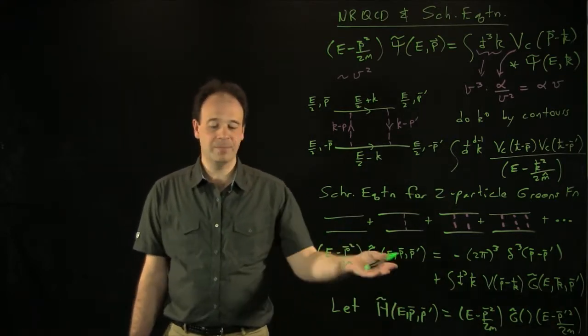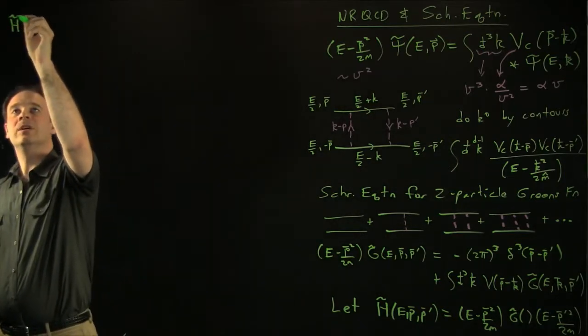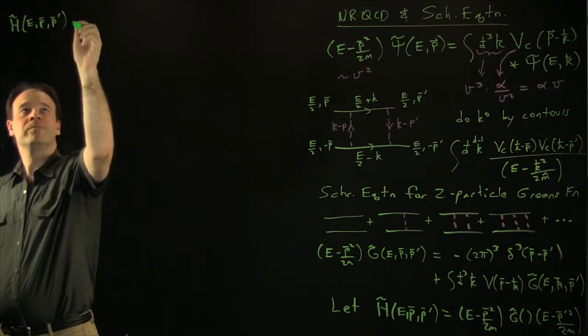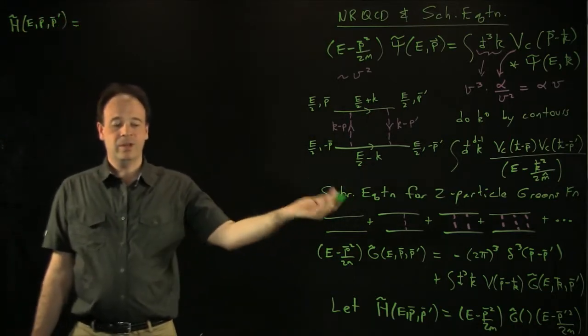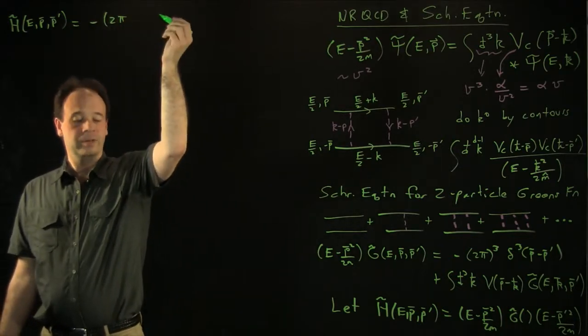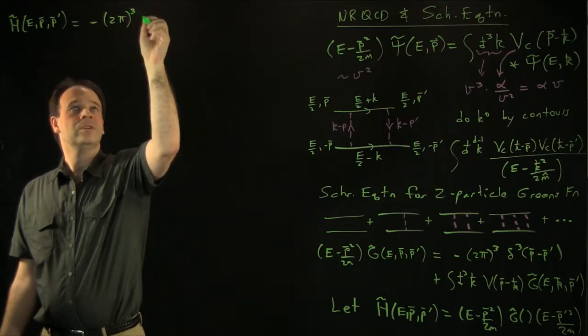And so I'll skip the math and just tell you the answer. So when we do that, we have an equation that says H of p comma p prime. And I can put everything on the right-hand side now. It'll still be an integral equation in momentum space.